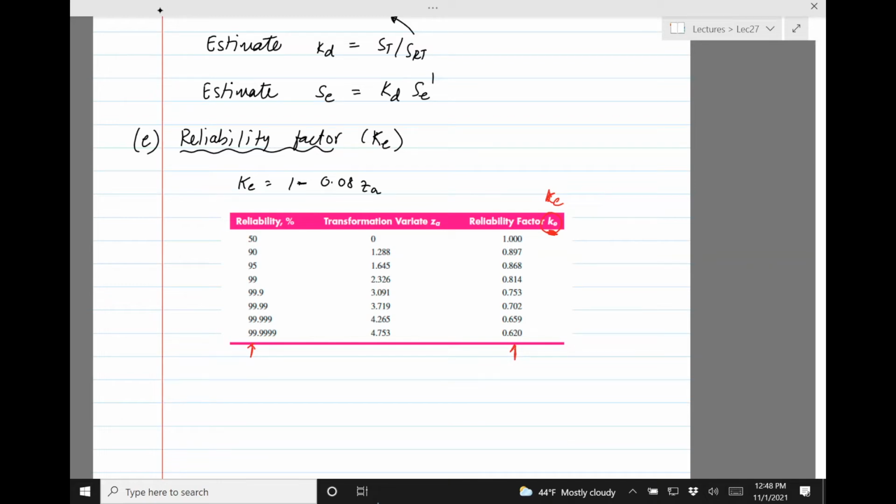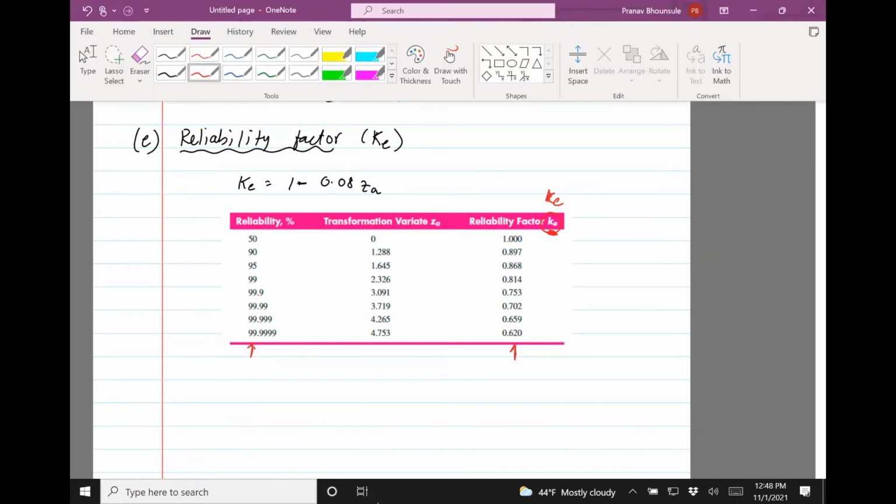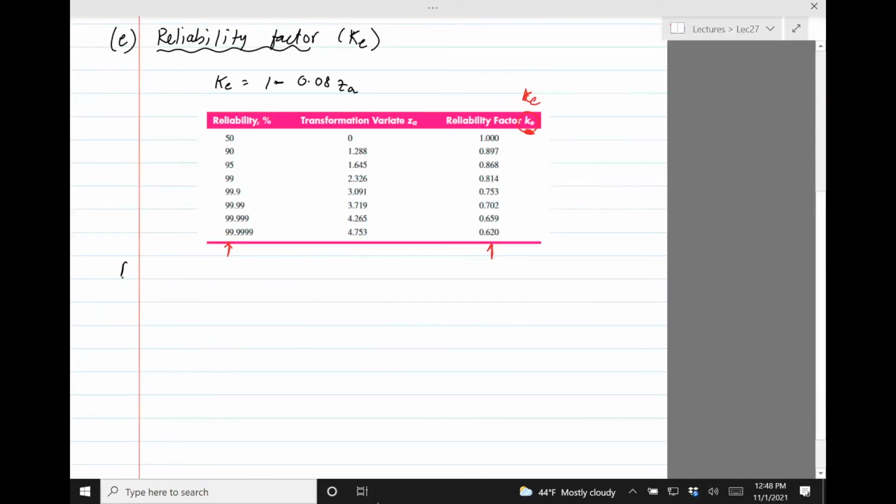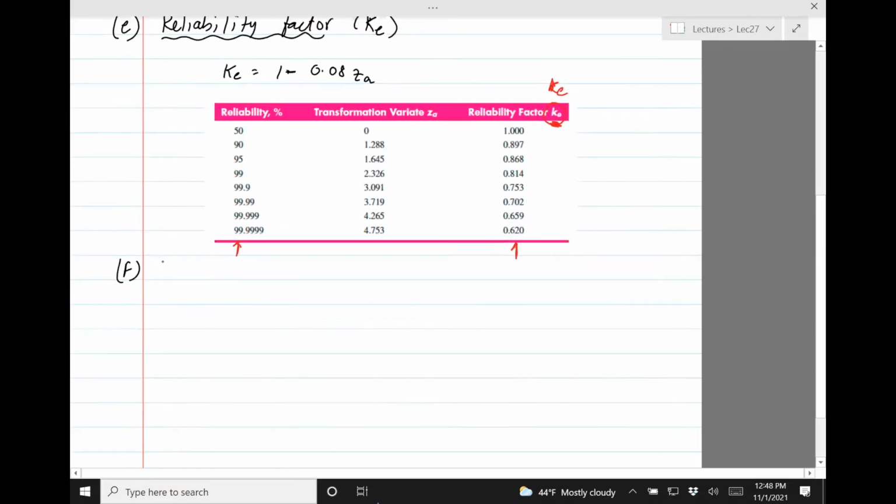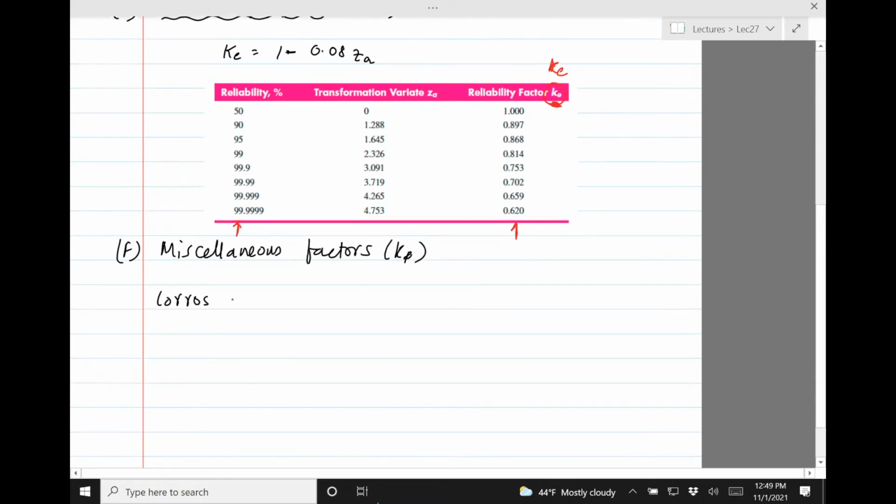Okay, so last one, KF. And for KF, they've not really given a value, but you've told different effects which could modify the endurance strength. So miscellaneous factors. They are, well, corrosion. So this one you will be explicitly given, say, the factor for corrosion.